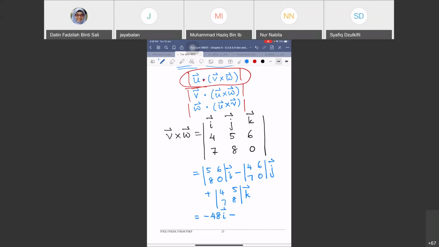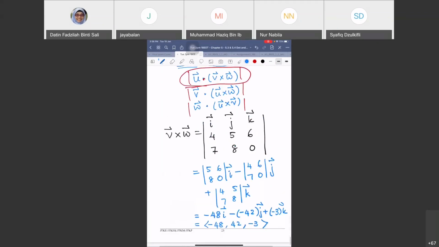Followed by minus, 4 times 0 minus 7 times 6, so that is another minus. Then plus 4 times 8, 32, minus 7 times 5, 35. So 32 minus 35, another minus. That means your final answer is minus 48, positive 42, and minus 3. That is your V cross W.